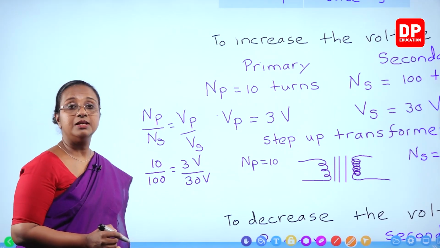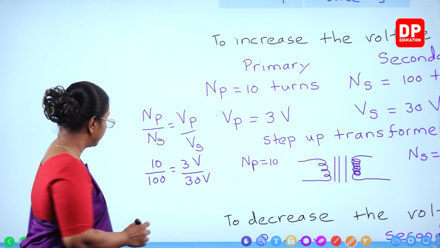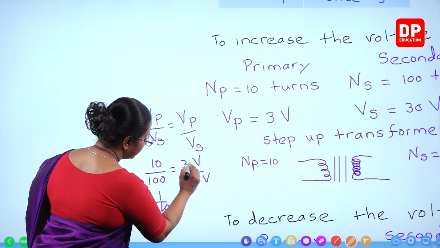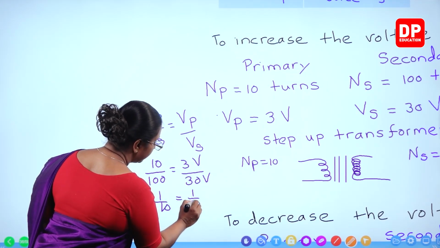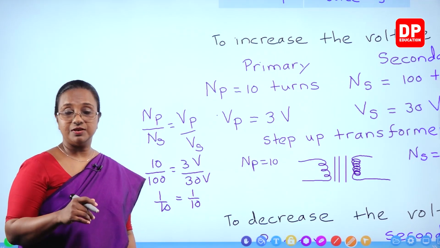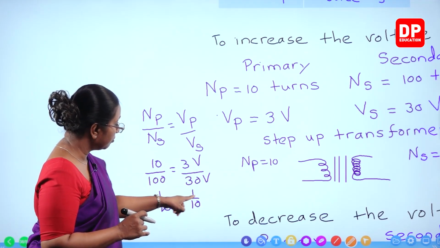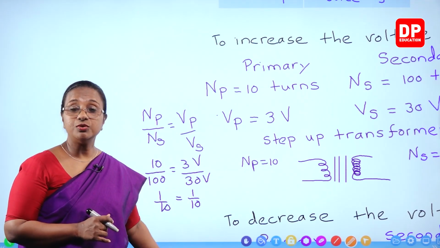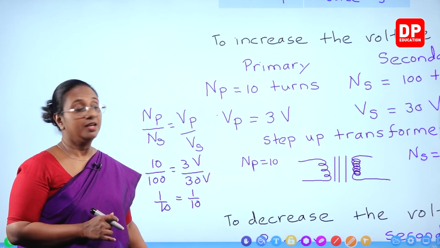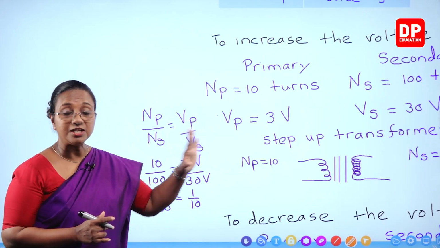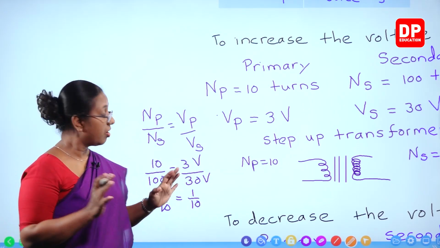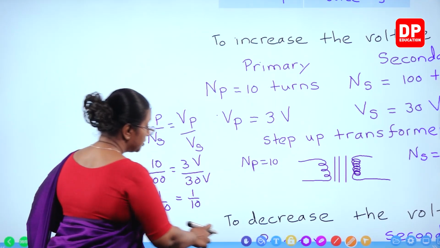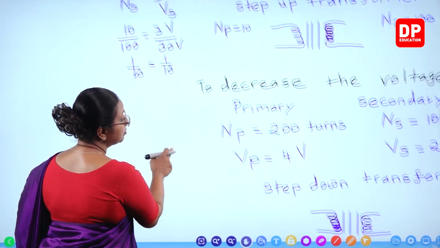You get the ratio, no? 10 over 100, 1 over 10. The same way, 3 over 30, 1 over 10. So, this is how it works. If you didn't know what the output voltage would be, you can use the equation to find that voltage. You can look at the turns and predict, or else we can use this equation. Is that clear?